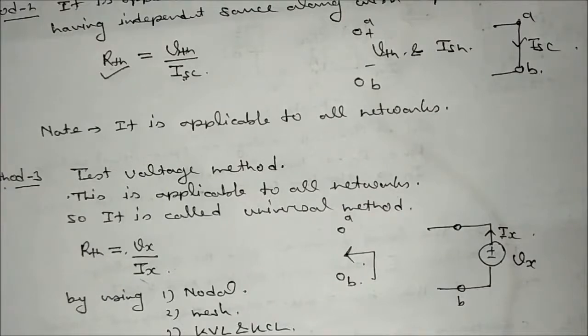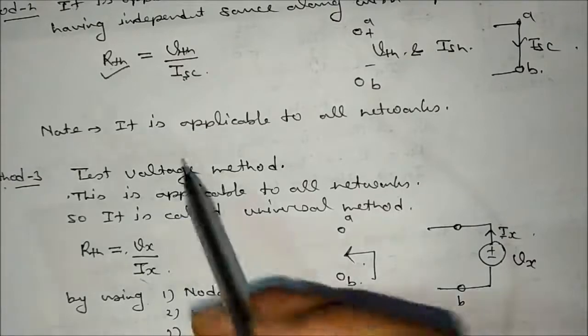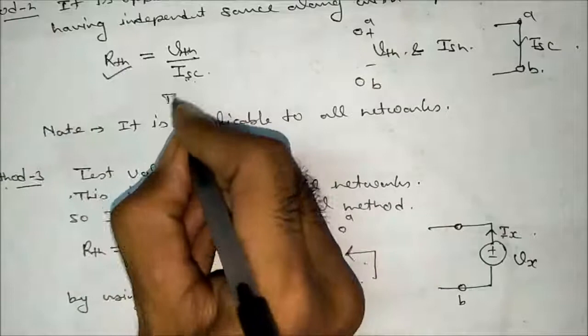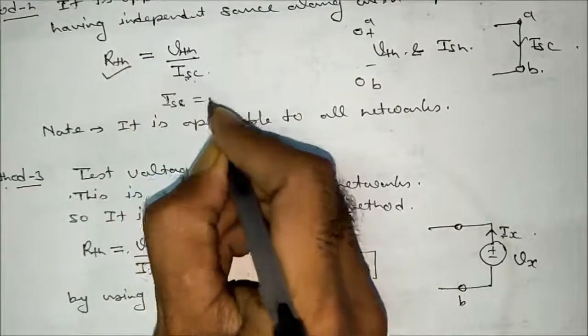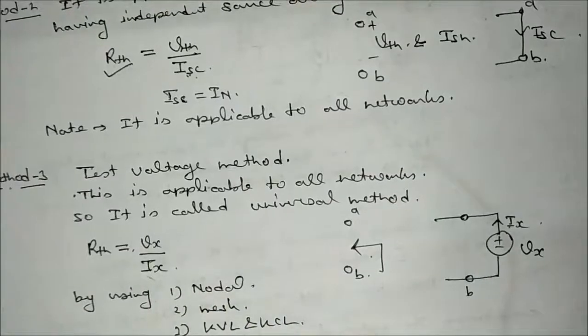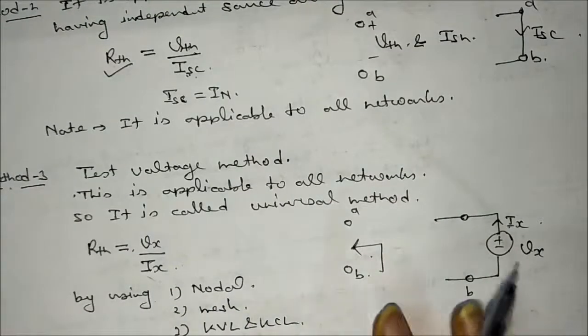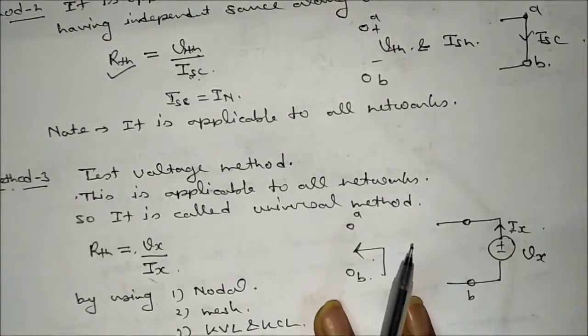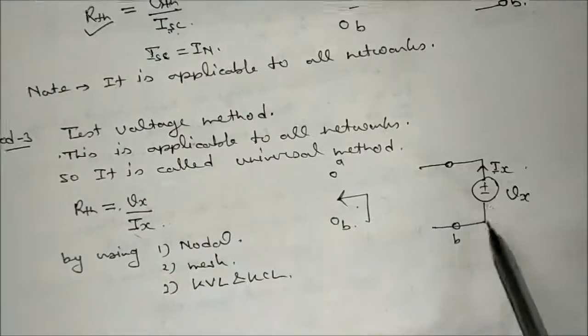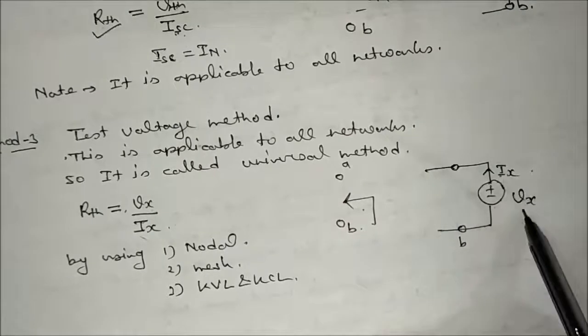The second method is applicable to a network having dependent sources or independent sources along with dependent sources. Then you apply Vth by Isc, and this Isc is also called Norton current, In. Is it okay? Now method 3, the test voltage method, is applicable to all networks, so it is called the universal method, and Rth can be calculated by applying a voltage source and finding the ratio of Vx and Ix.